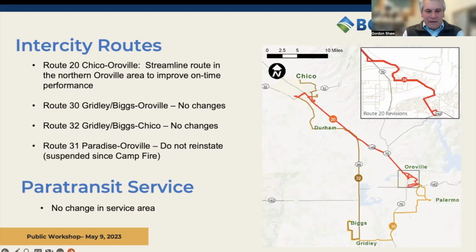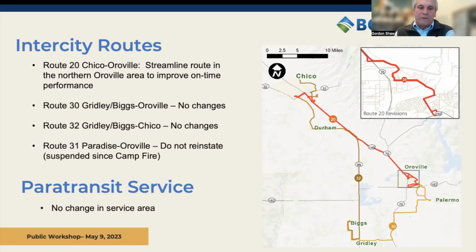The other thing I'll say is that there's been a question about paratransit service, and we did look at paratransit service options, looking at the area that is served, and we're proposing no changes to that service area. We looked at expanding it, and it was very ineffective.